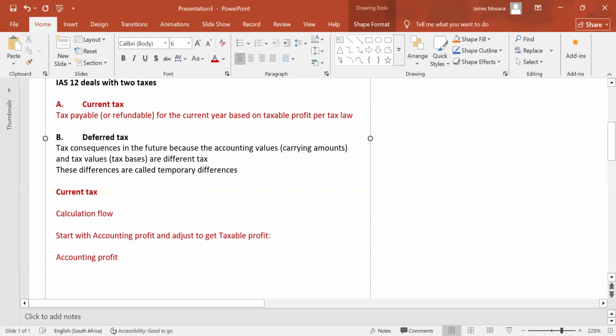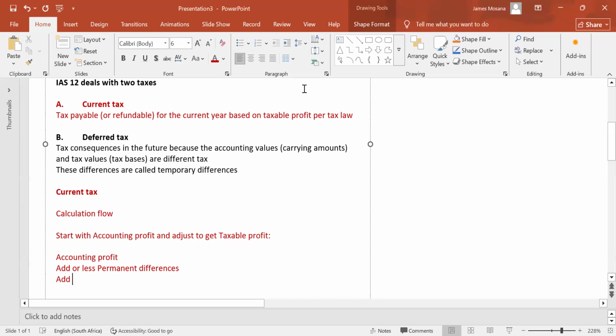So now you are going to add or subtract permanent differences. Now those permanent differences, they are permanent in their nature. So there's not going to be a time where you're going to reverse them, right?